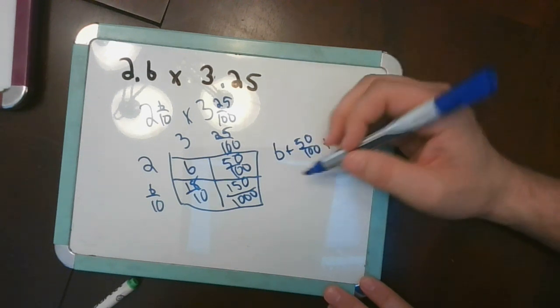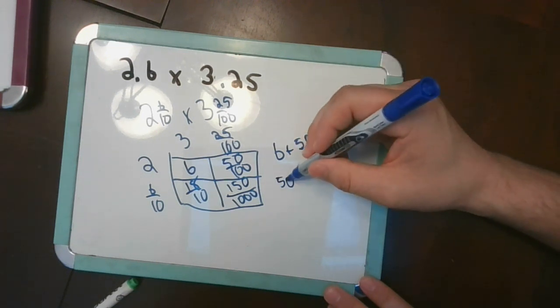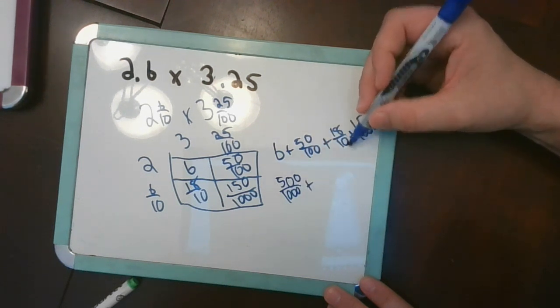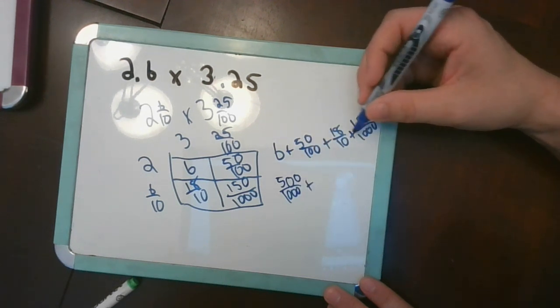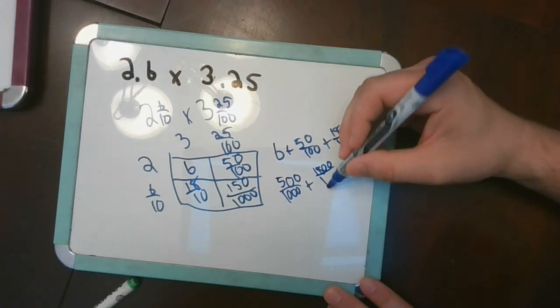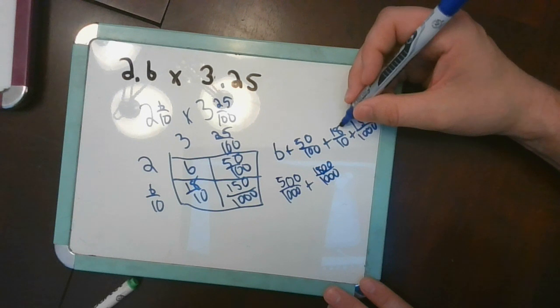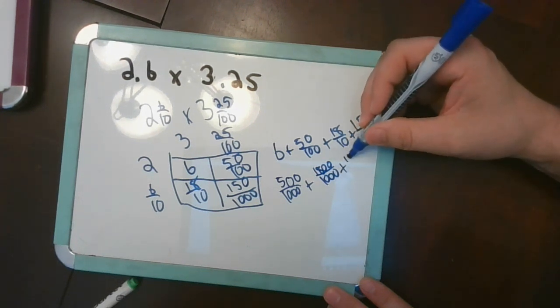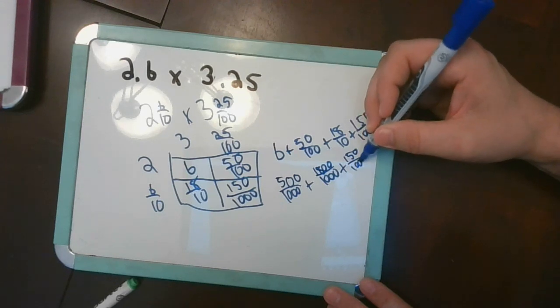So 50 100ths is the same thing as 500 1,000ths. 18/10 to turn it into thousandths, I'm going to turn it into 1,800 over 1,000, because I multiplied the top and bottom by 100 to get there. And 150 over 1,000 was already in thousandths.